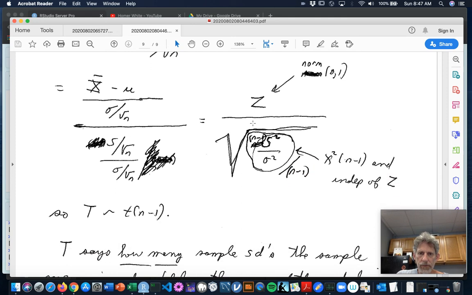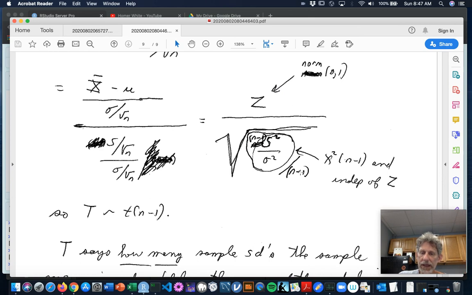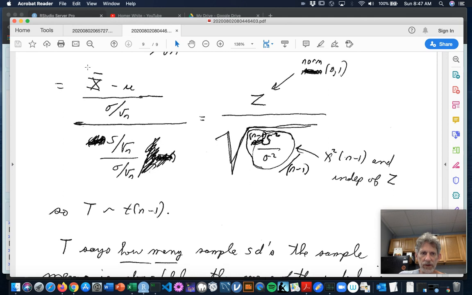Now, the top, according to our previous big theorem, is chi-squared with n-1 degrees of freedom. And here I am dividing by the degrees of freedom. So I've met the definition for a t random variable: standard normal over independent chi-squared divided by its degrees of freedom. You see the independence is because the X bar and the S are independent.